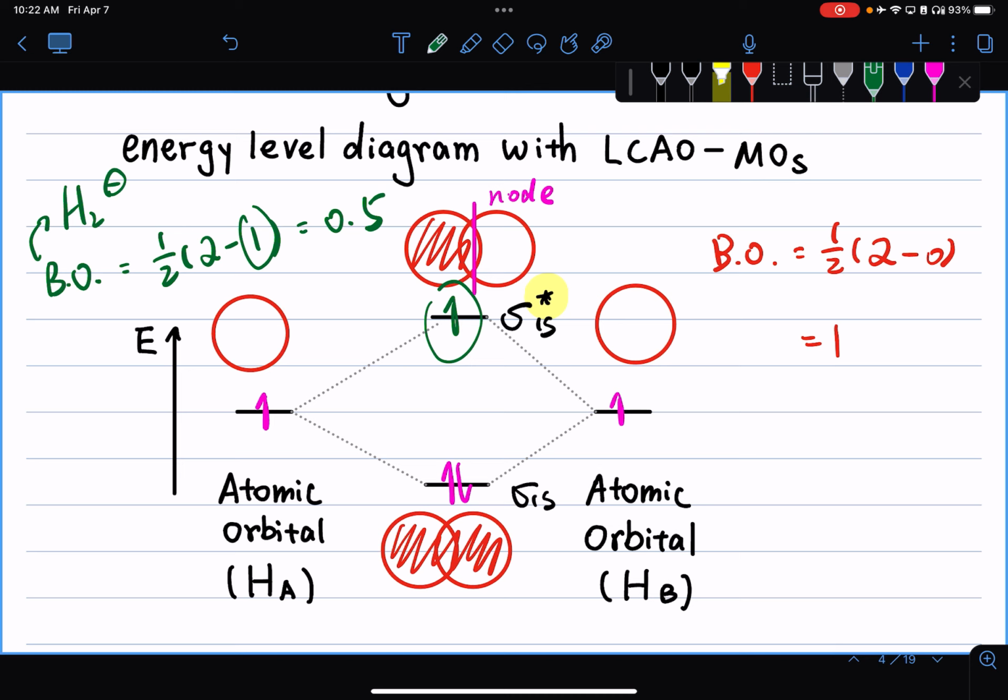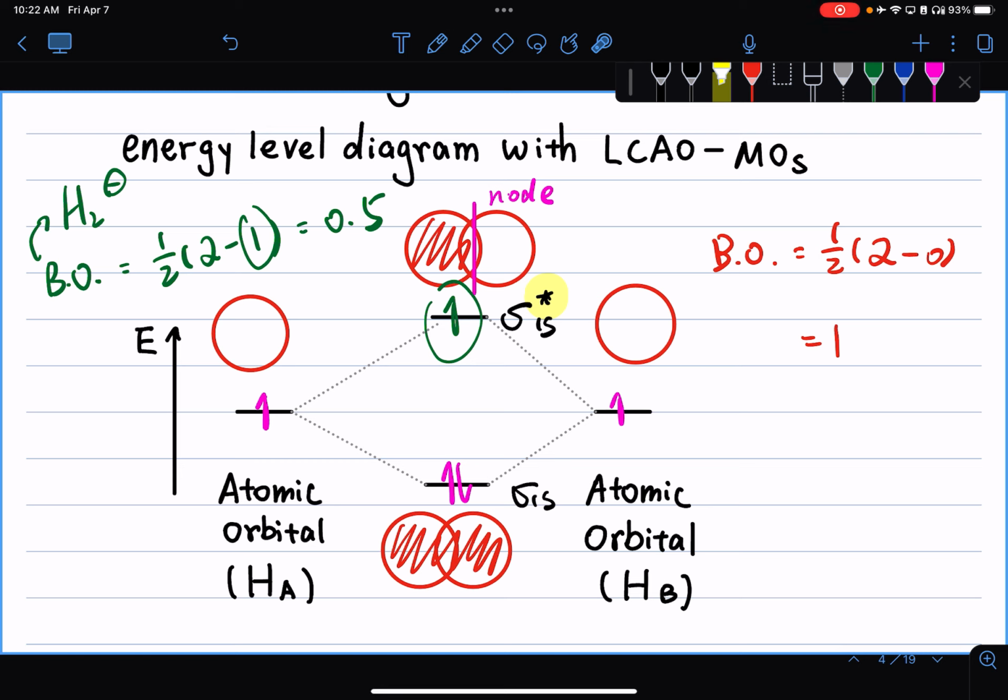Could you explain what the shading means, like how it's half shaded? So the question is, what does the shading mean? So the shading here, again, it is a wave. The shading just tells you whether this wave is a positive number or a negative number. So in this case, it depends on whether you have positive meets positive or positive meets negative. You can have a constructive interference or a destructive interference.